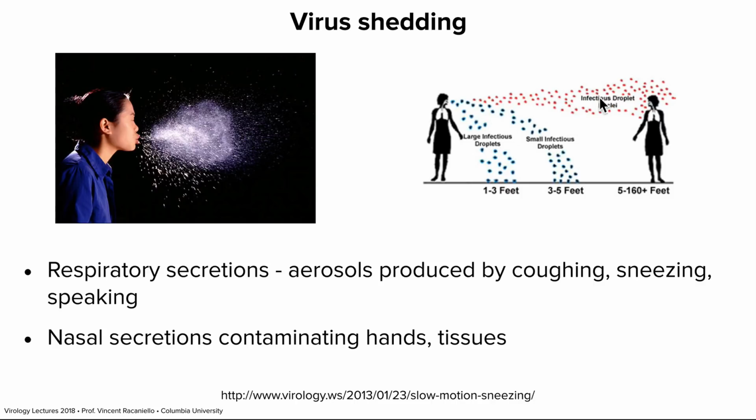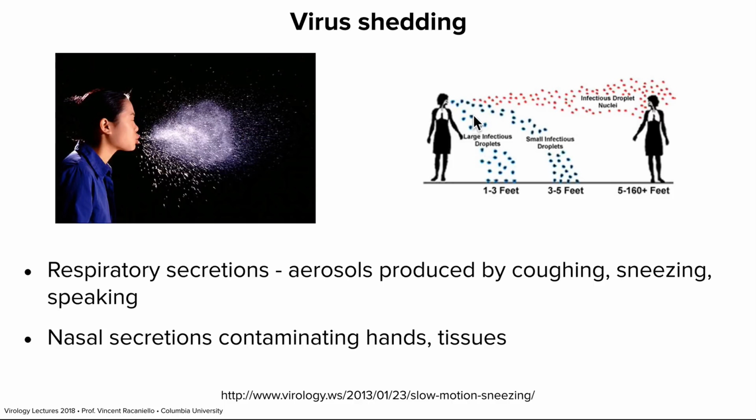Here we have a couple of different kinds of droplets generated by sneezing. Large droplets that have a range of 1 to 3 feet, smaller ones which go a little farther, and then very, very small ones called infectious droplet nuclei. They can go up to 160 feet. And it turns out that these droplets, in fact, the smaller ones, are also made by speaking and breathing. So you don't have to sneeze to make those small ones.